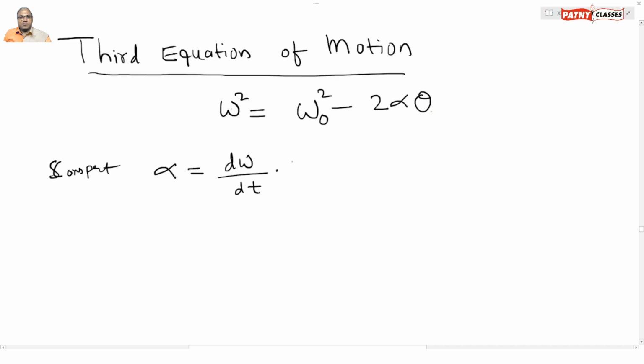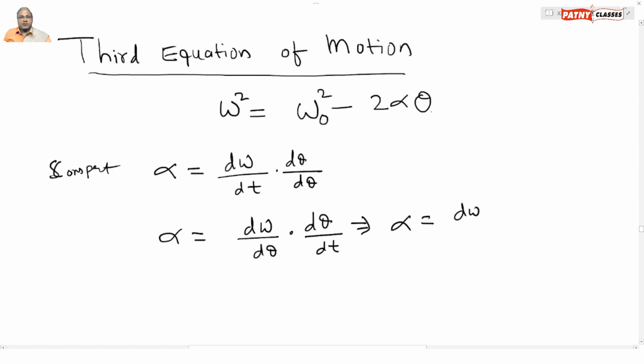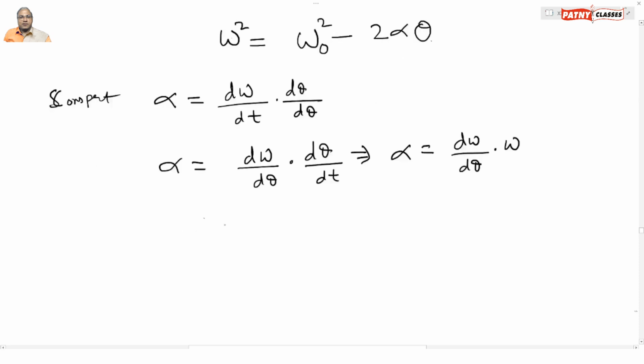Now multiplying and dividing by d theta, alpha equals d omega by d theta multiplied by d theta by dt, and d theta by dt is nothing but omega. This implies alpha equals d omega by d theta multiplied by omega, which can be written as omega multiplied by d omega by d theta equals alpha.